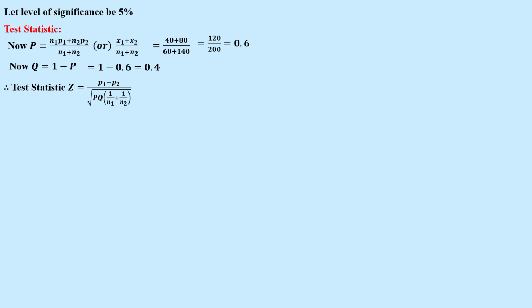First we calculate P, x1 plus x2 by n1 plus n2. So 40 plus 80 by 60 plus 140, that is equal to 0.6. Q is equal to 1 minus P, that is 0.4. Test statistic: p1 minus p2 by root of PQ into 1 by n1 plus 1 by n2. Substituting the values, 0.6667 minus 0.5714 divided by root of 0.6 into 0.4 into 1 by 60 plus 1 by 140. So the answer is 1.261.